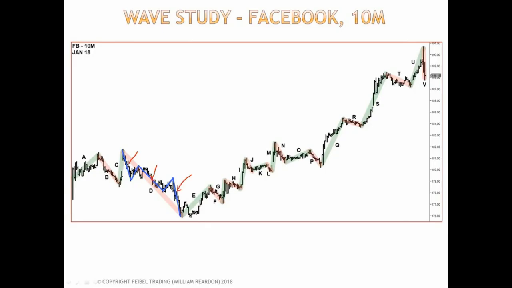It's increased. And importantly, the down waves are larger than the up waves here and here. And we can see that there's much price bar overlap.